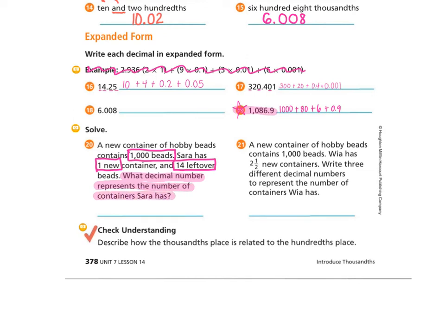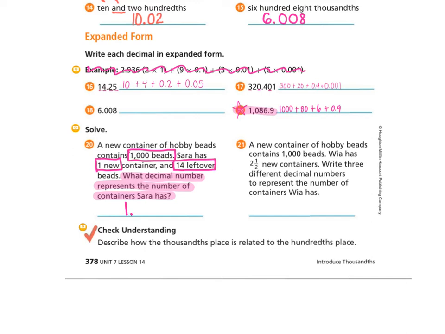Let's reread and see if we can figure that out. A new container of hobby beads contains 1,000 beads. Sarah has 1 new container and 14 leftover beads. What decimal number represents the number of containers that she has? Well, it told me that she has 1 whole container, so I'm going to put that before my decimal. Then she has 14 out of the 1,000 from her last container left over.